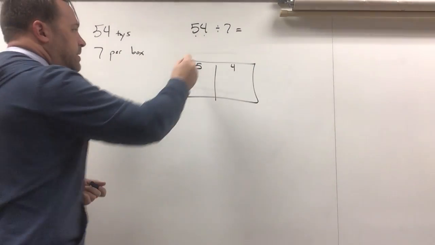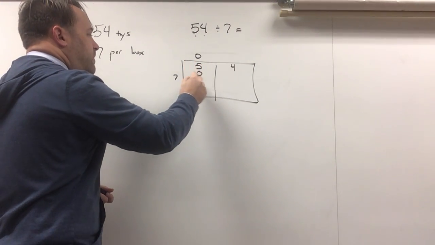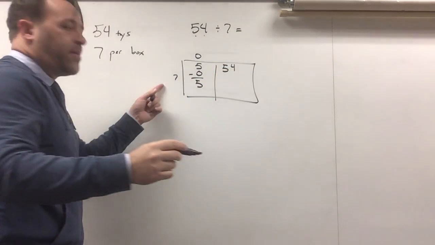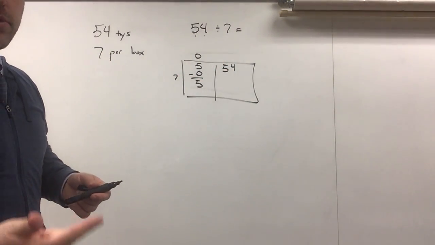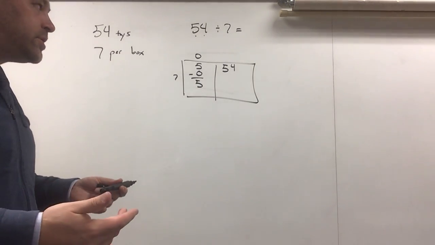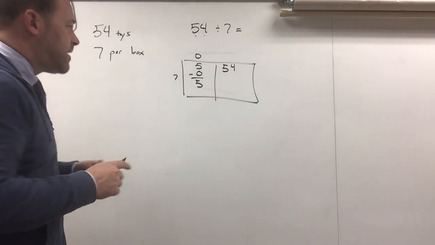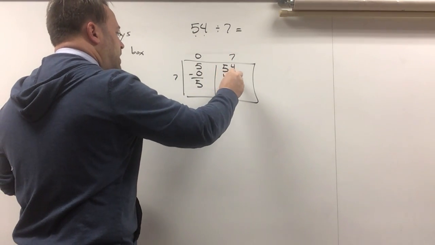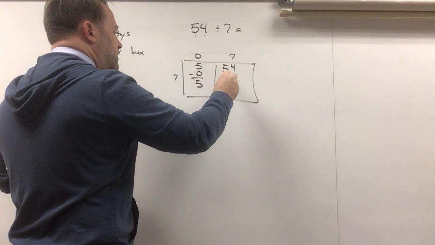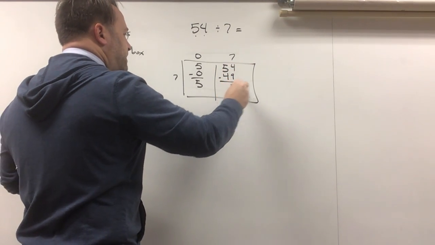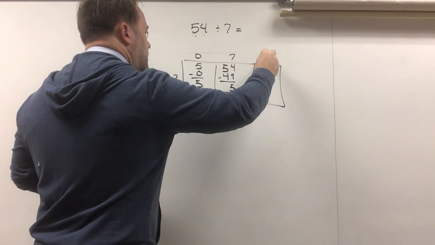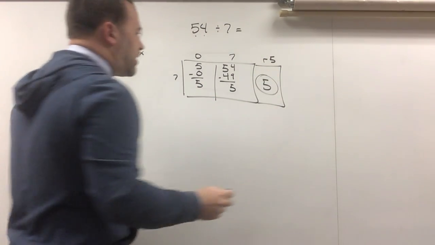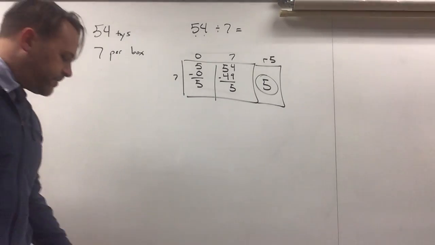Well, you can't do that. 0 above, 0 below. 5 minus 0 is 5. Bring up the 5. Count by 7s to 54. 7, 14, 21, 28, 35, 42, 49. Stop right there. So 7 times 7 is 49. Subtract to get 5. That's R5 because we have a remainder of 5, okay?